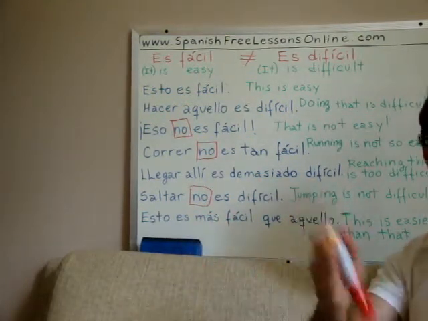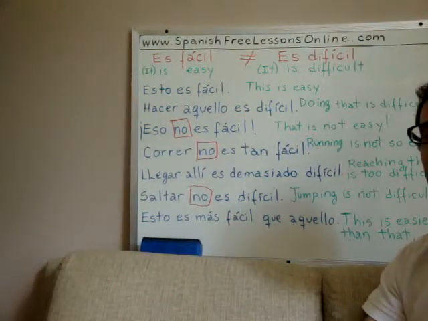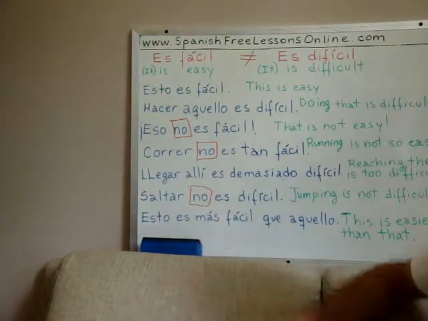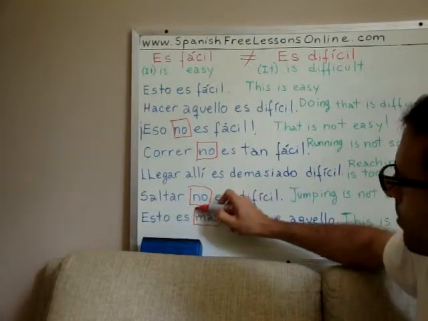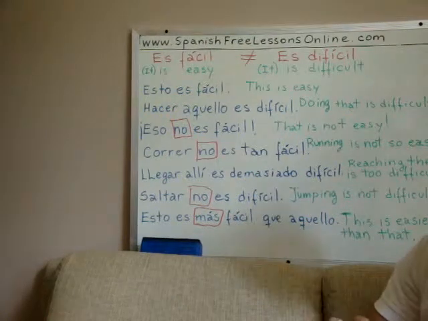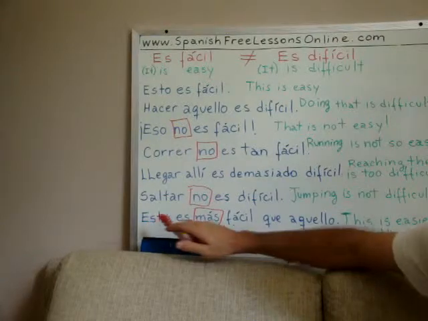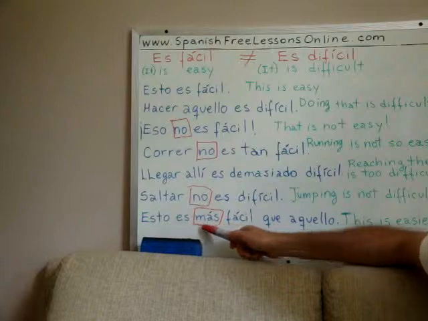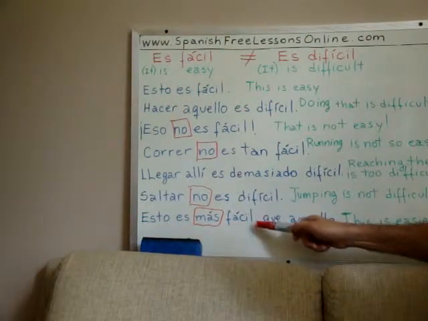We don't say easy, easier, right? We say more easy, or more whatever adjective we want to use. So always the word more in Spanish, más, goes before the adjective. Esto means this. Aquello means that. Esto es más fácil que aquello. This is easier than that.